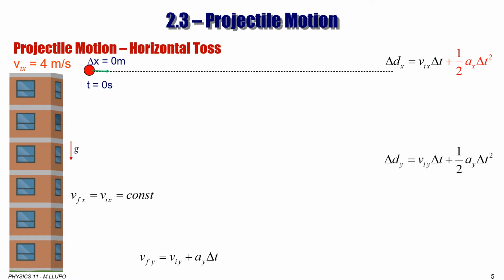Okay, so after 1 second, what is going to happen? Velocity vertically is going to change while horizontally it is not. It's going to change at a rate of 9.8 meters per second.